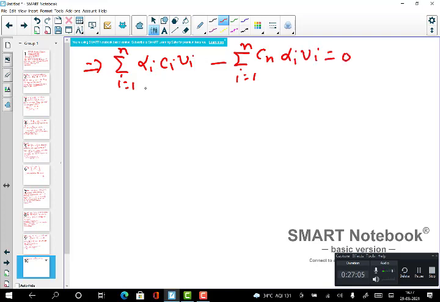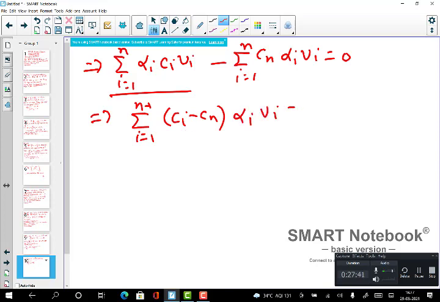Now you see that when i equal to n, you have alpha n cn vn, and here also you have alpha n cn vn, so that gets cancelled. Other than that, nothing gets cancelled. So the sum will run from 1 to n minus 1, because when i equal to n, the term gets cancelled. What is left is that ci minus cn and alpha i vi is equal to 0, right? Only the last term gets cancelled.